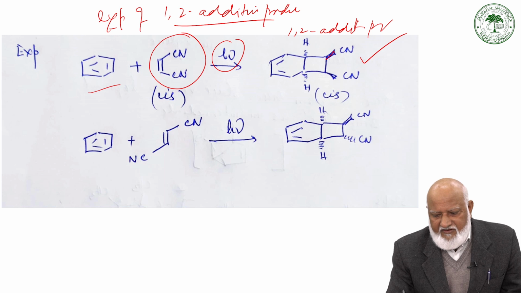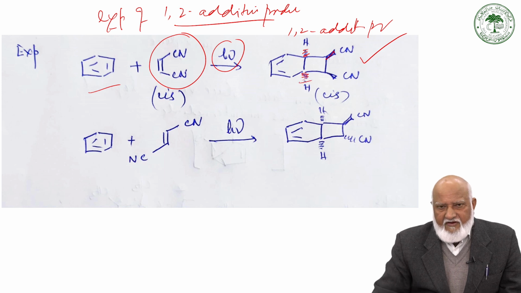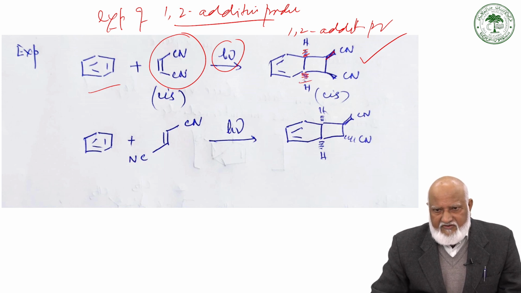Cis remains as cis, and the ring junction is also a cis ring junction.